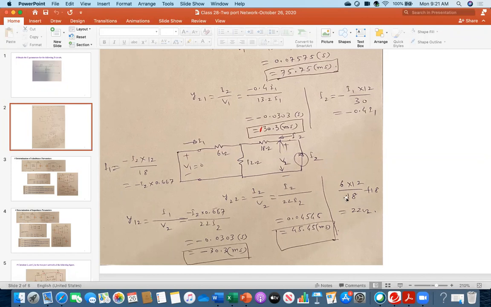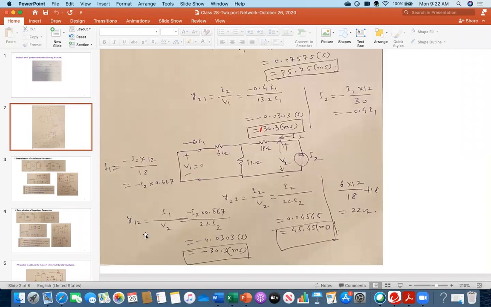So on the right side you see, 6 multiplied by 12 divided by 12 plus 6 is 4, plus this 18, series, so I got total 22 ohm. So my V2 in this equation is I2 multiplied by 22. So I2 cancels, and 1 over 22 is 0.04545, 45.45 millisiemens. So that is done.